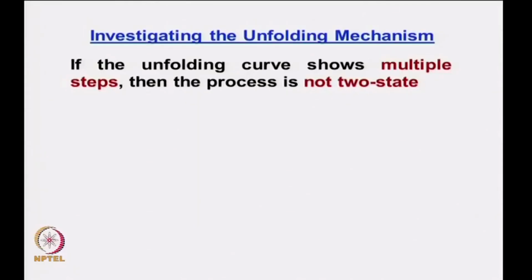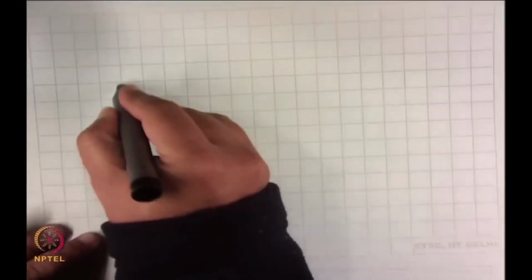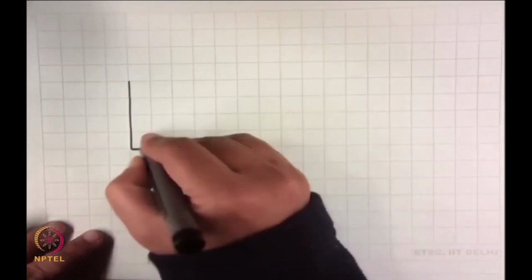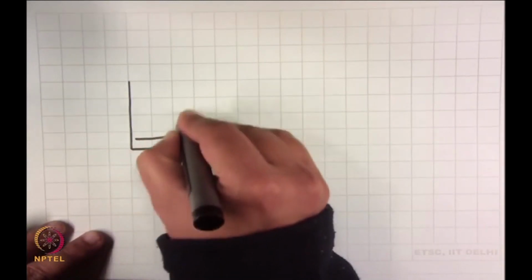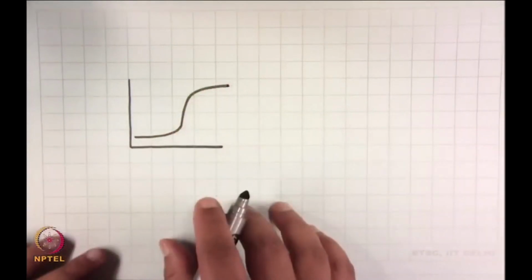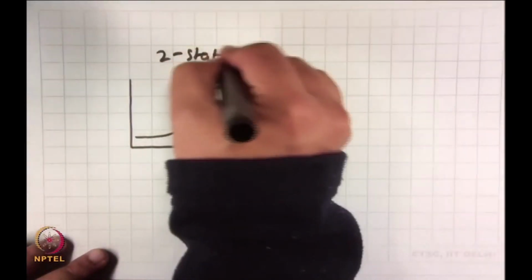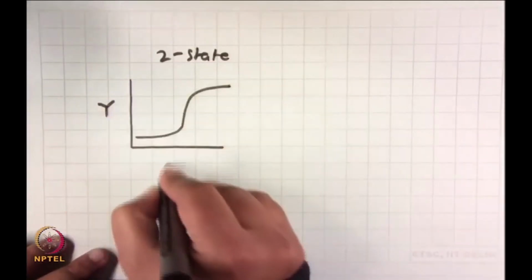If the unfolding curve shows multiple steps, then the process is not 2-state. Now, what do I mean by multiple steps? Remember, if something is strictly 2-state, you see a transition which goes like this, say. This is a 2-state transition, this is y and this is t.